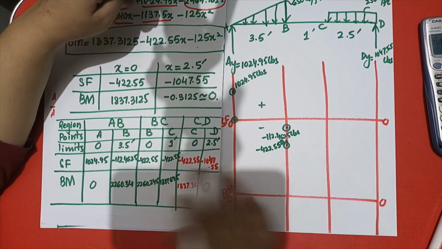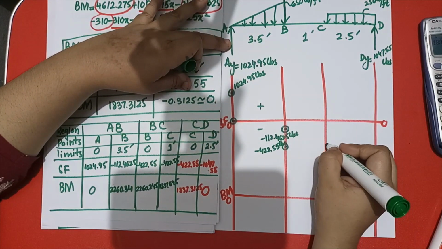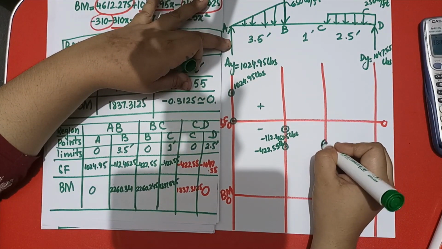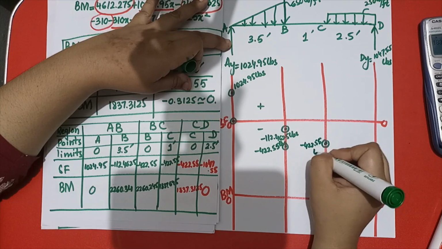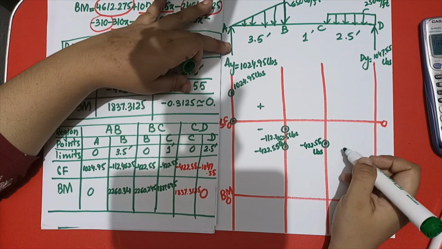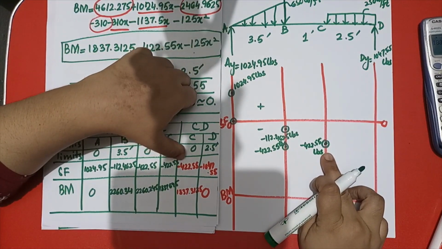Next value is what? Again minus 422.55, because we are not having any load over there. Then the next value is at point C, and this remains the same.